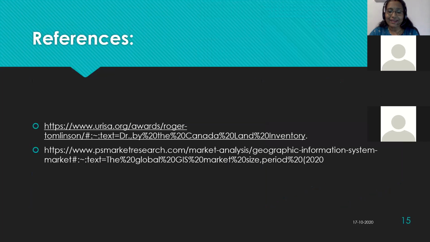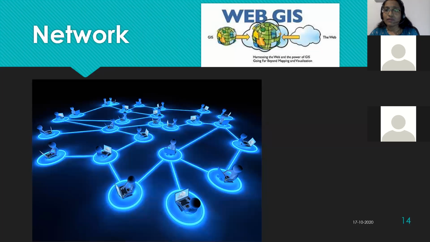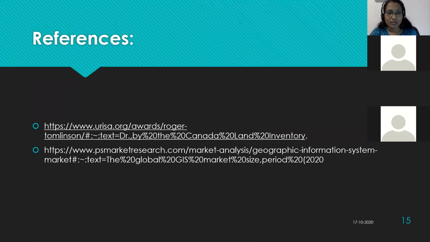It is mainly done for very huge and very important projects, and only organizations concerned with them, for example ISRO, NASA, etc. So this is about the components of GIS. I have added some references here.